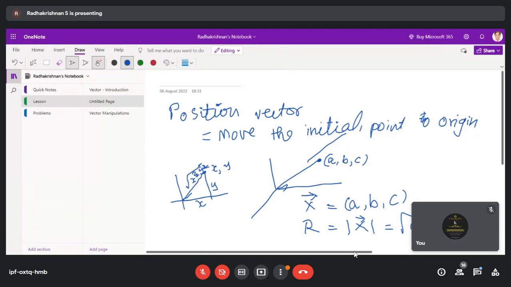We represent it in terms of what are called direction cosines. The distance from the origin to that whole length is given by r, which is x bar. The x coordinate is a, the y coordinate is b, and the z coordinate is c.